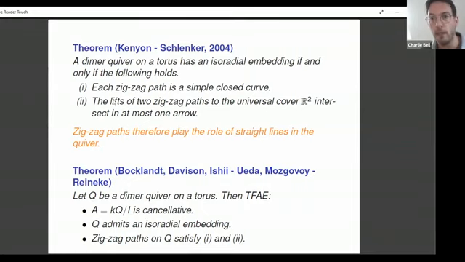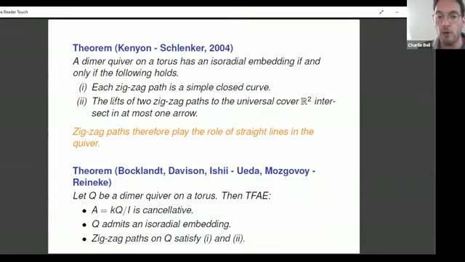And so from the theorem of Kenyon and Schlenker, it follows that if the zigzag paths on Q act like straight lines, so that in the cover they just intersect once, or they're parallel and never intersect, then we'll know that A is cancelative.